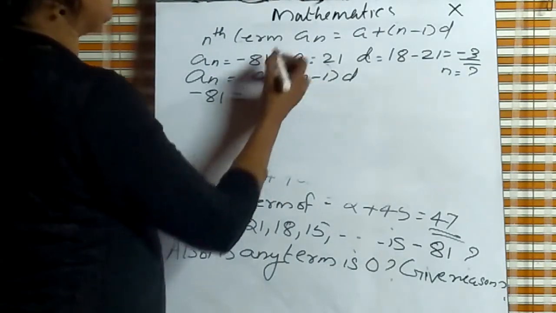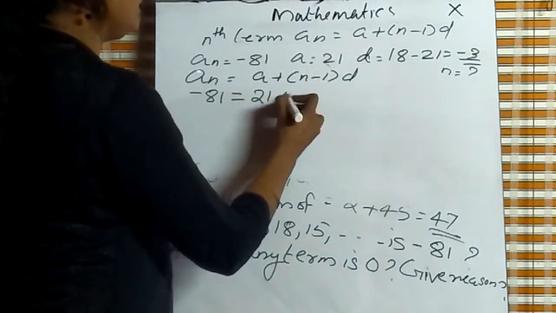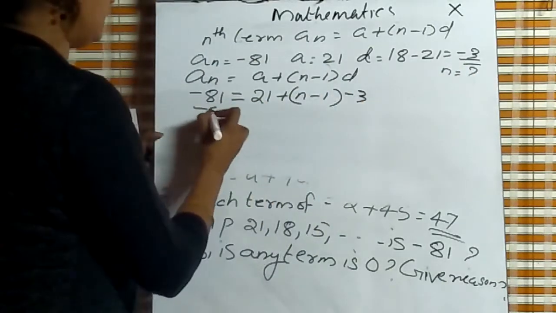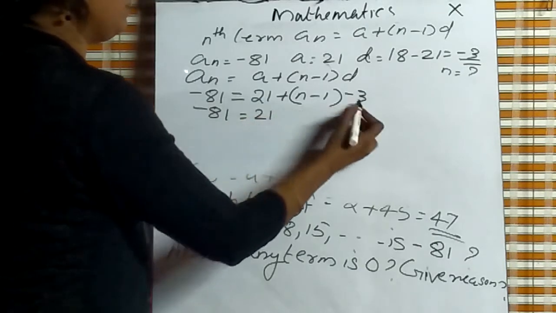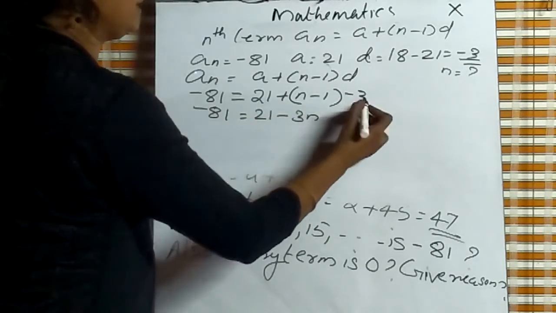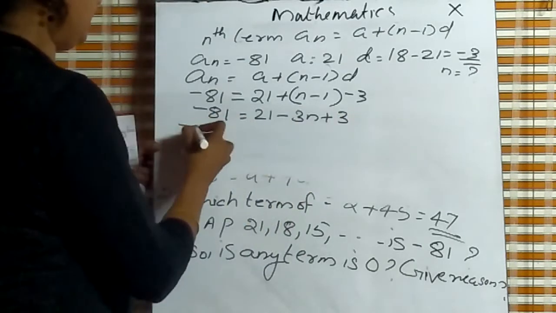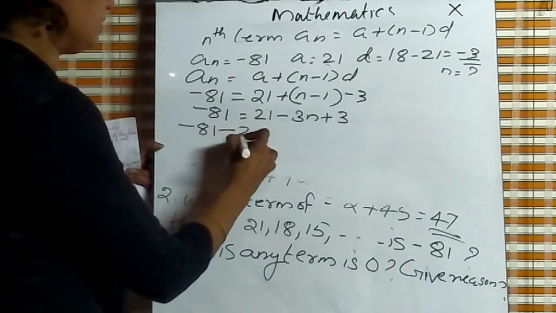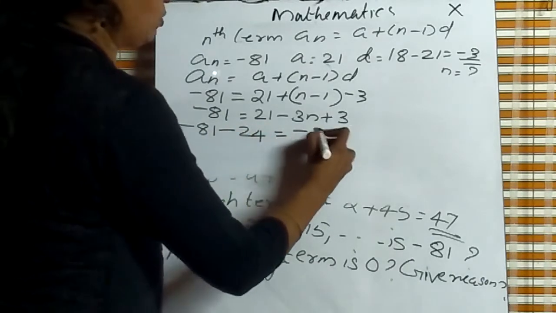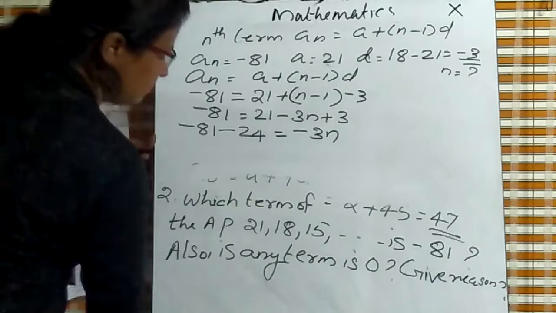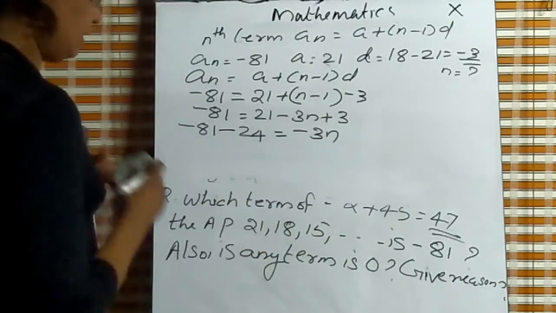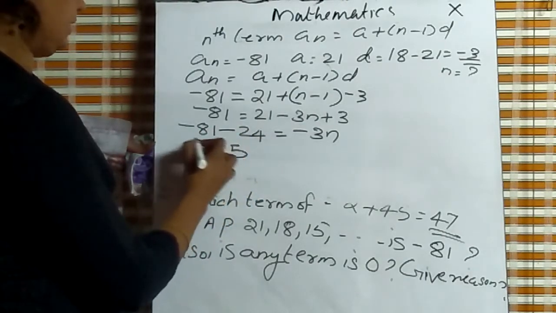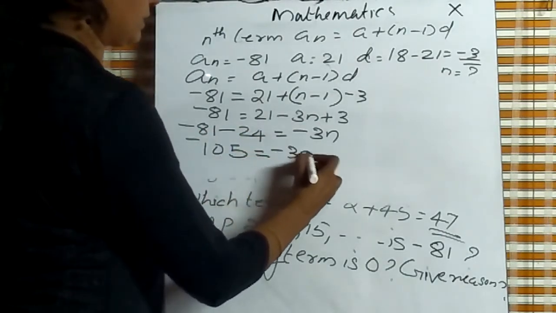For that, minus 81 is equal to 21 plus n minus 1 into minus 3. Minus 81 is equal to 21 minus 3n plus 3. 21 plus 3 is 24, goes to the left side, so minus 105 is equal to minus 3n.